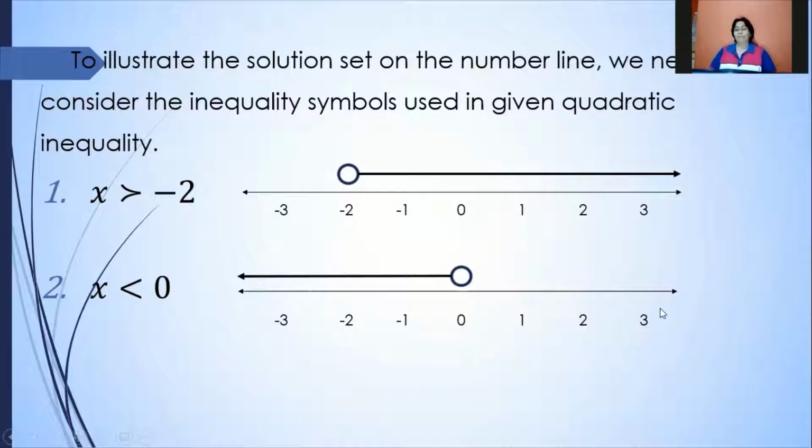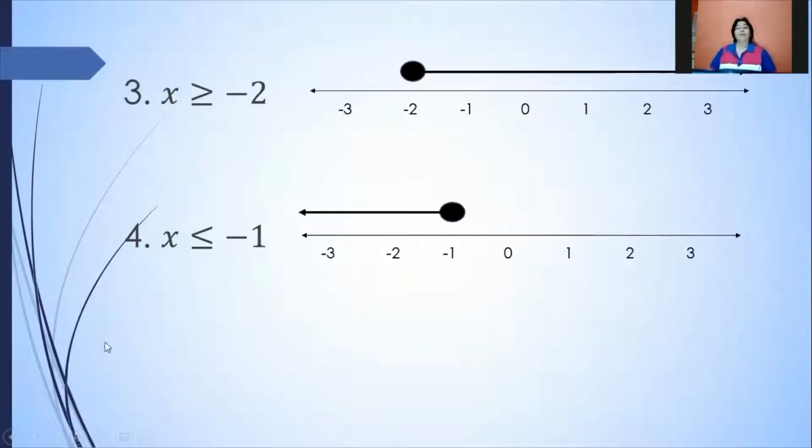Next, for number 3, x is greater than or equal to -2. Since the given inequality is greater than or equal, we have to use a solid circle. Immediately above -2 is a solid circle.